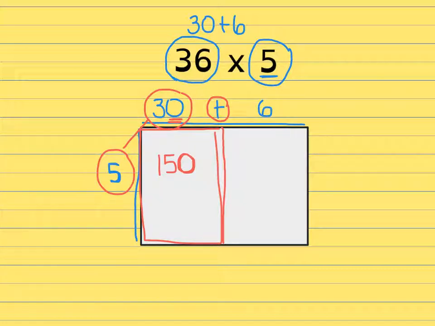My next step is going to be looking at the 6. I need to multiply the 6 times the 5. 6 times 5 is 30.